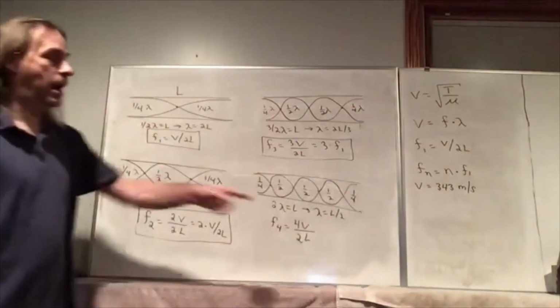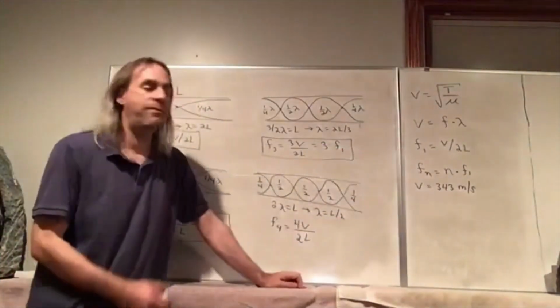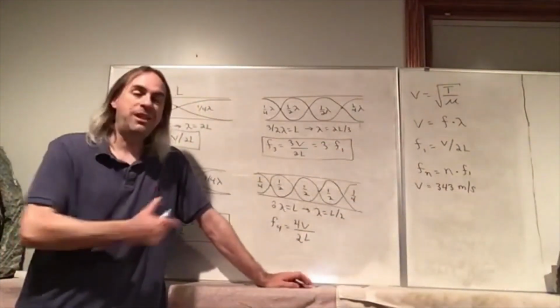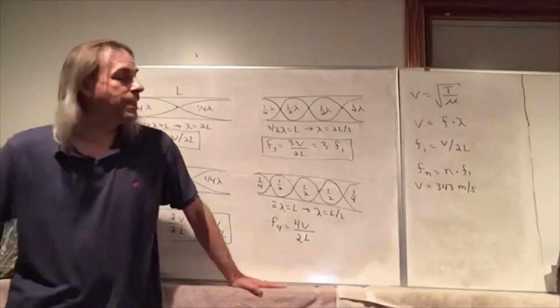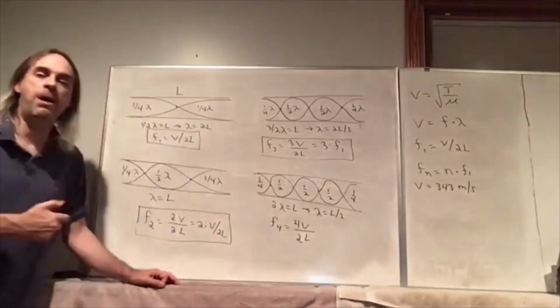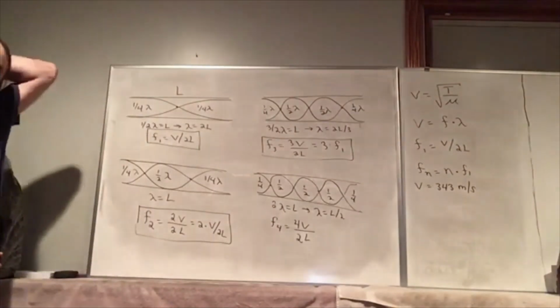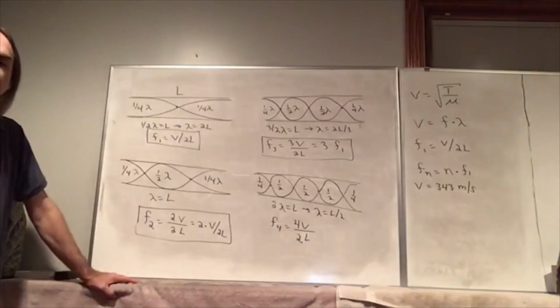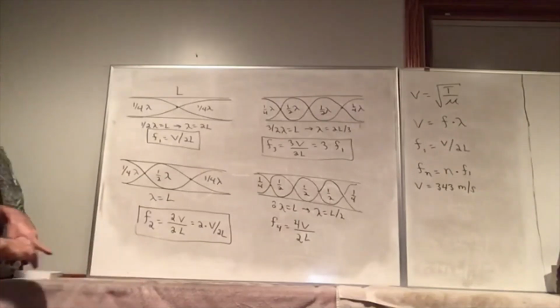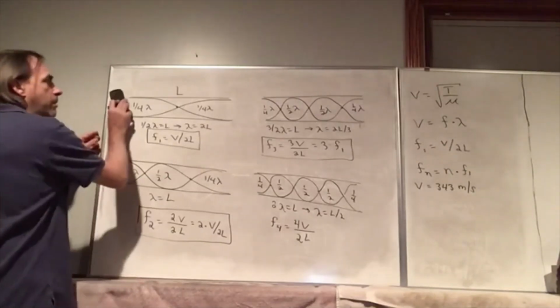And again, this was for a wave on a string. And now we see the exact same equations describe the resonance frequencies of a pipe that is open at both ends. Now we have one more case to consider, and that's what we call a half-open pipe.